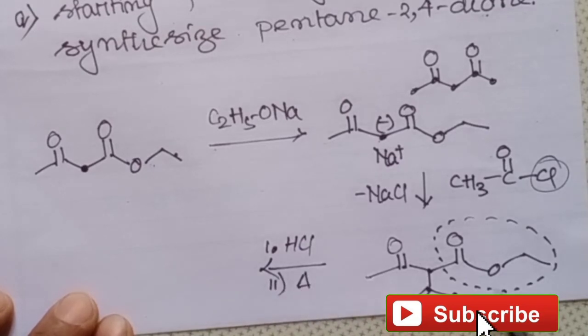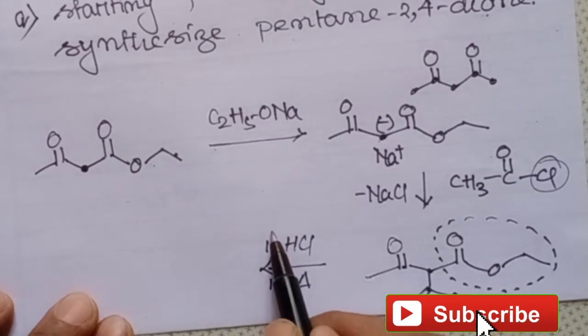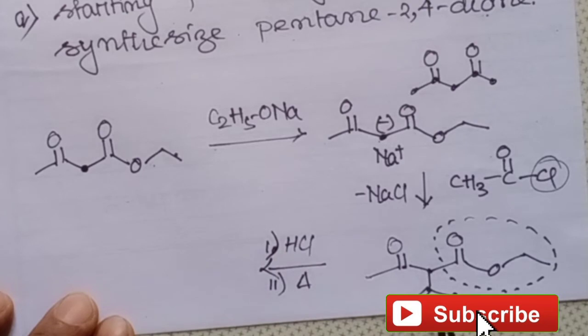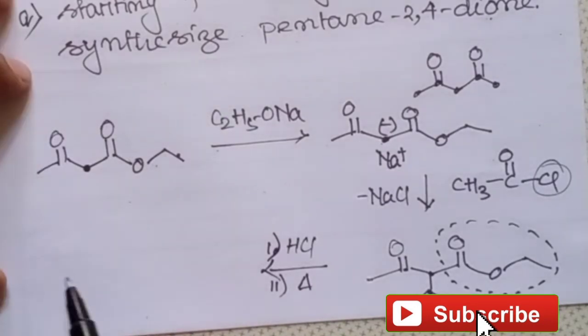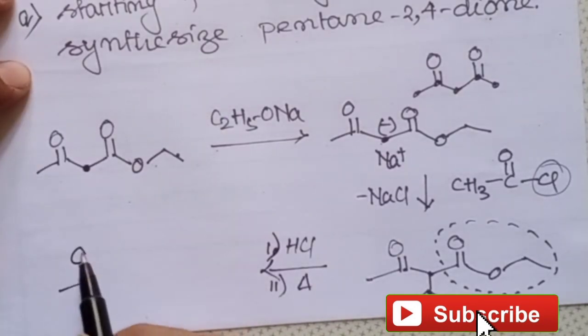When we heat, the ester, on acidification, converts to its respective carboxylic acid group. The carboxylic acid, when heated, loses carbon dioxide, and simple decarboxylation will take place. Hence our product will be this one.